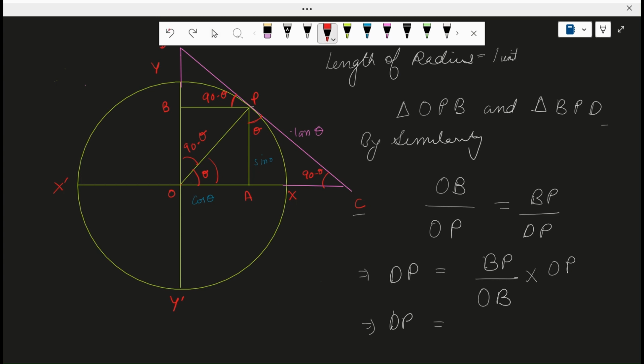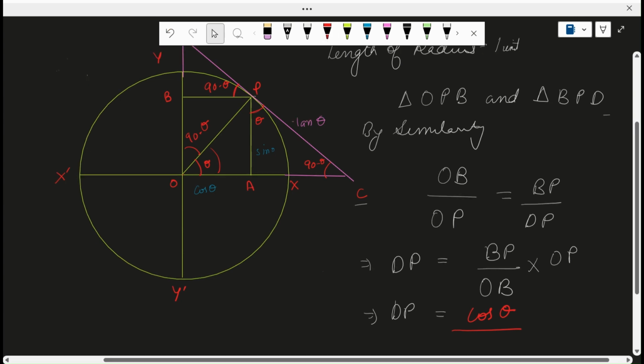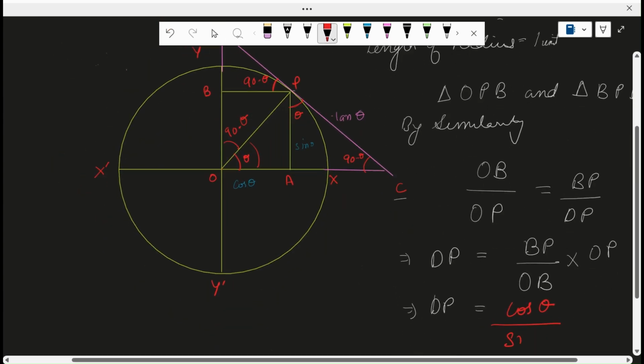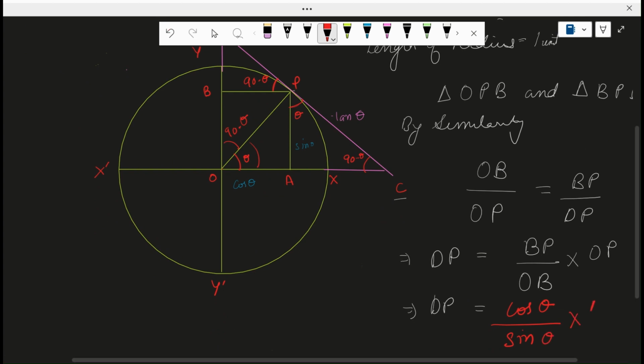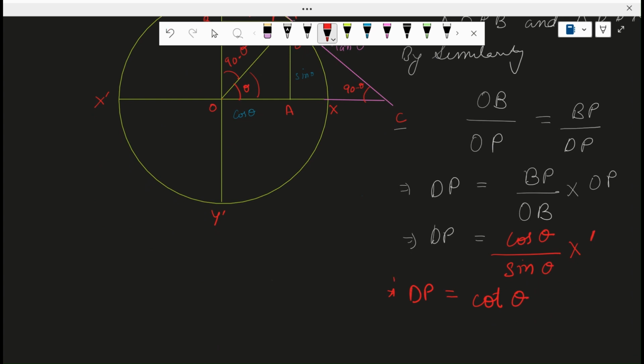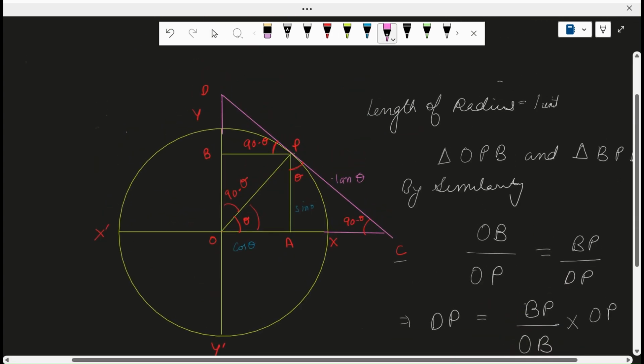So BP we have cos theta. What is OB? OB is again opposite to sine theta, so we can easily write here sine theta. OP, that is our radius, that is 1. So what do we get? DP equal to cos theta upon sin theta. So we can write here cot theta. So our length DP has come cot theta.